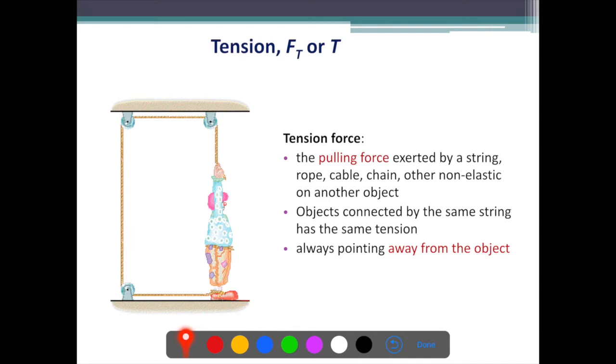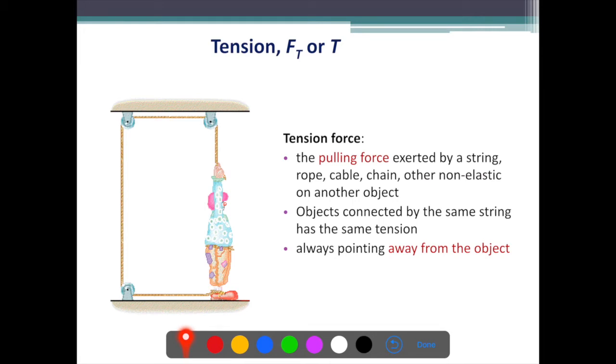The next kind of force is called tension, and it's designated by the symbol capital T or F subscript T. Tension force is the kind of force that's experienced by any object that's being pulled by a string, a rope, cable, chain, or other non-elastic object. And the tension force is always directed away from the object.